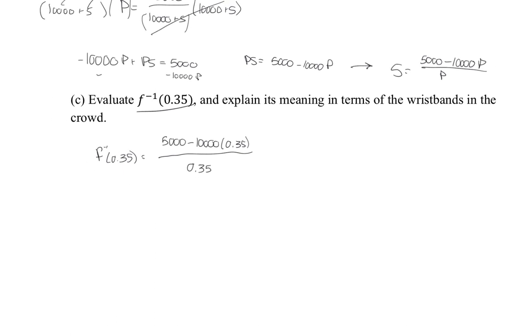And now that is going to give us a value of 4,286, which means that once 4,286 more people arrived, 35% had wristbands.